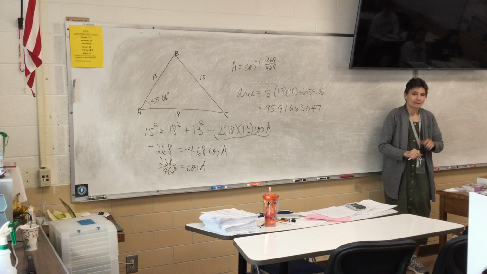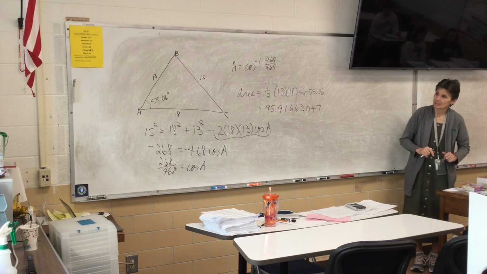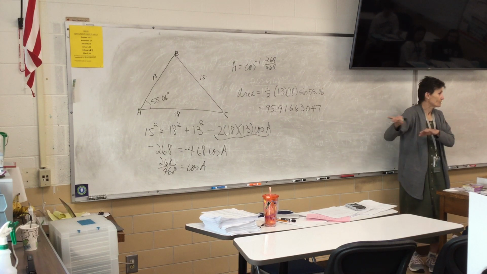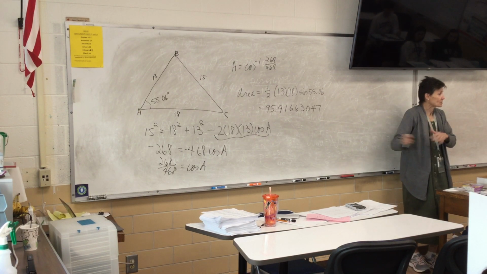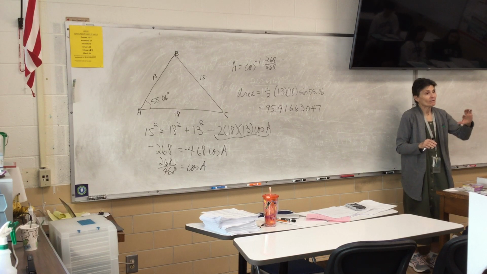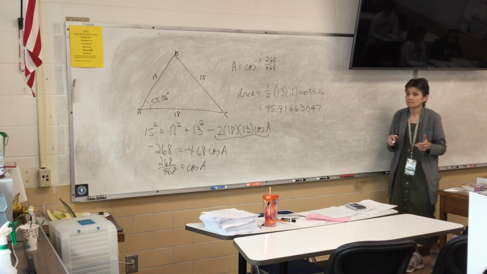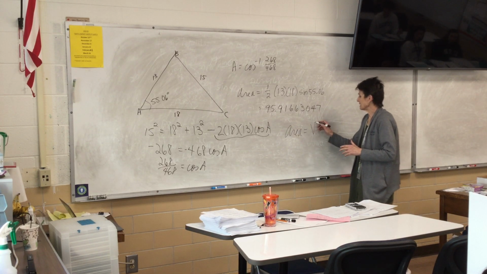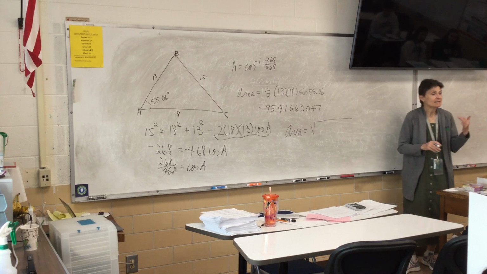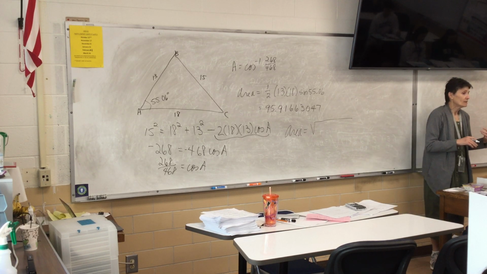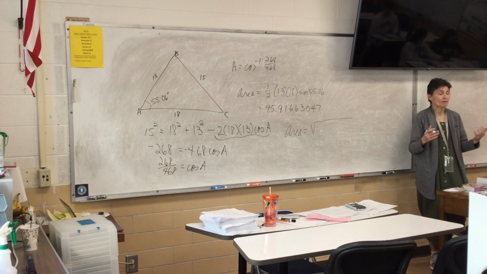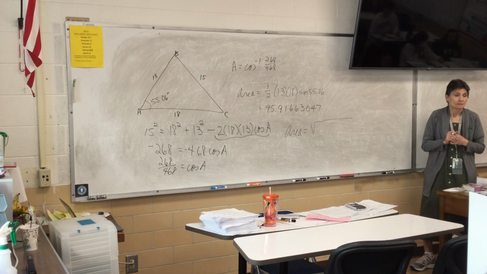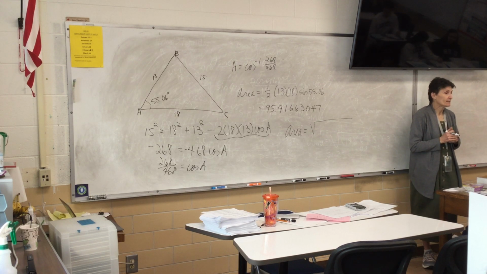Next time you see a problem like this, you probably aren't going to go to all this trouble. You can, we got the answer, and it's perfectly okay. But there is another area formula that is so slick and handy. It uses the perimeter of the triangle. So if you have all three sides of your triangle, you can find the area really in a snap.